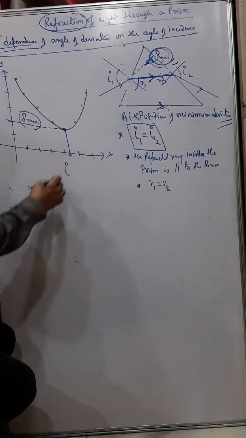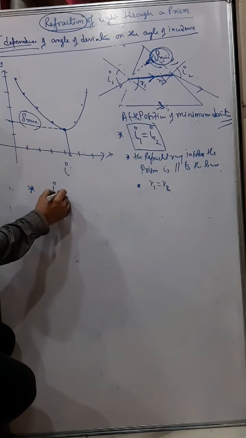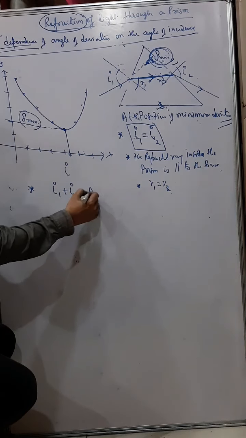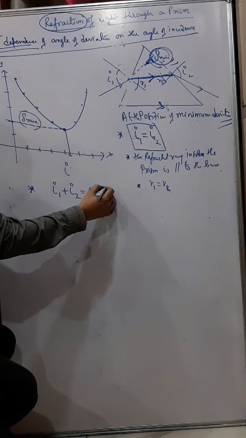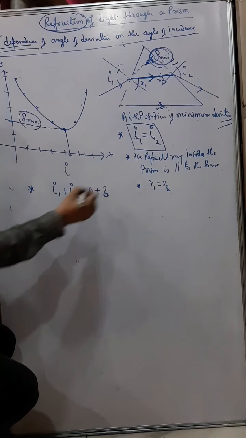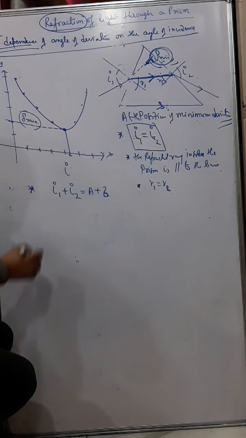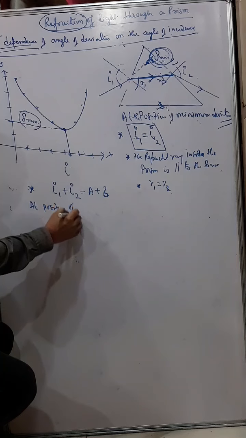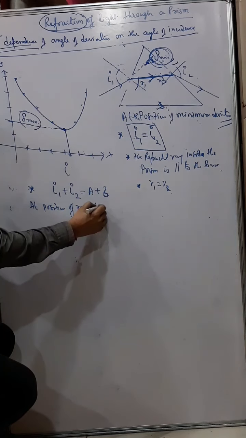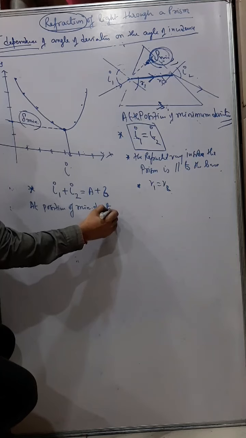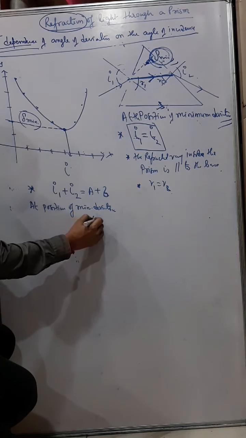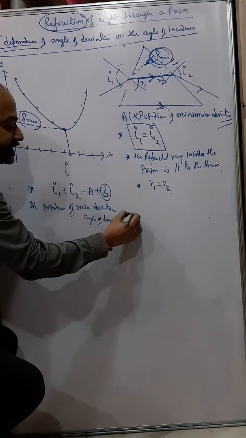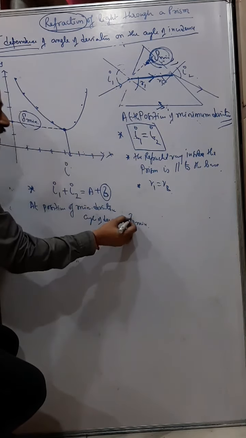Now if you remember, just now we have seen that the angle of incidence plus the angle of emergence is always equal to the angle of prism plus the angle of deviation. Now at the position of minimum deviation, let us write that value of the angle of deviation as delta minimum.